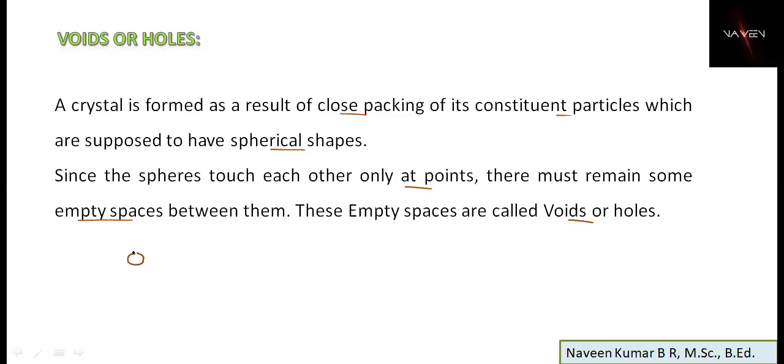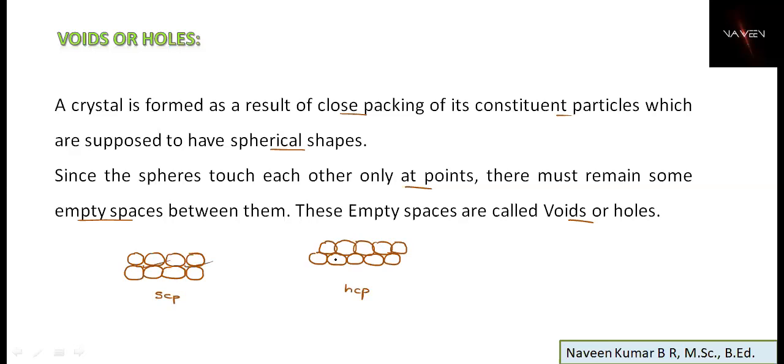That means in the case of square close packing, that is placing the rows exactly similar to the below, or in the arrangement of hexagonal close packing, either in square close packing or hexagonal close packing, we are going to see that empty spaces are formed.